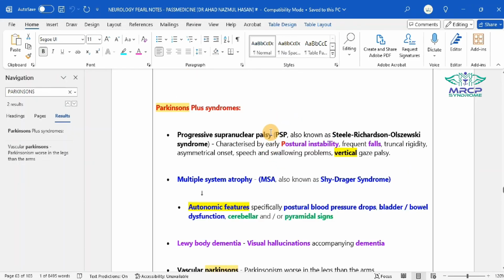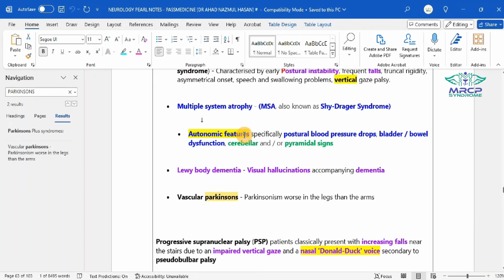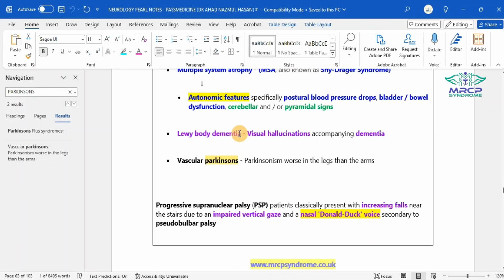So PSP will have vertical gaze palsy or postural instability, multi-system atrophy will have autonomic dysfunction, and Lewy body dementia will have visual hallucinations. And vascular Parkinsonism rarely comes in the exam: Parkinsonism worse in the legs than in the arms.